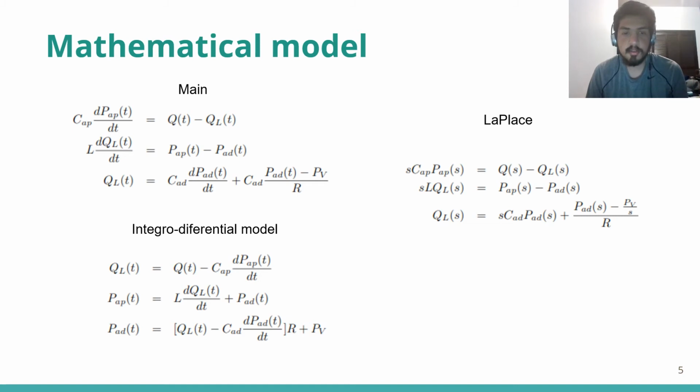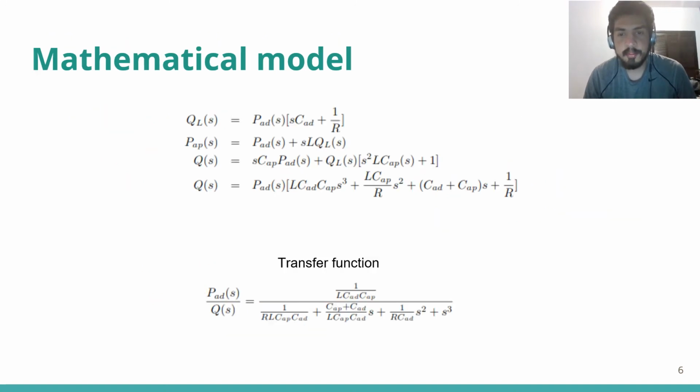We need to apply an integral differential model, and then for this model we're going to apply the Laplace transform, so we can obtain the transfer function. Then we're going to substitute some values in the equations, and there are the equations, and we have the transfer function.